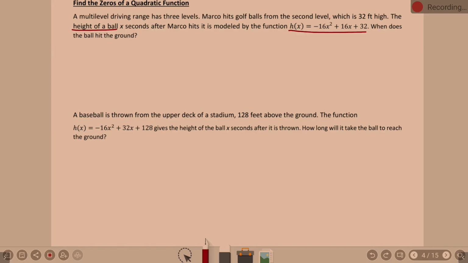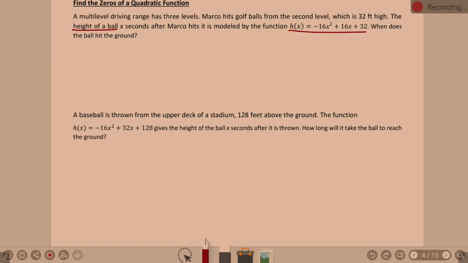What do you know about the ball when it hits the ground? Yeah. This equation talks about the height of a ball, yes? So if the equation talks about the height of the ball, what's the height when it hits the ground? It's 0.